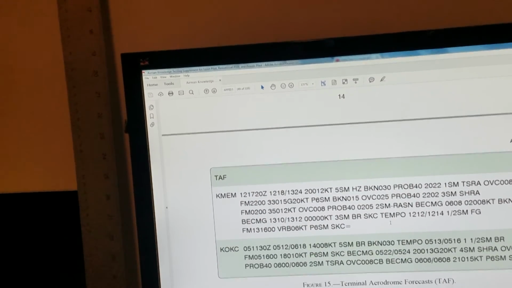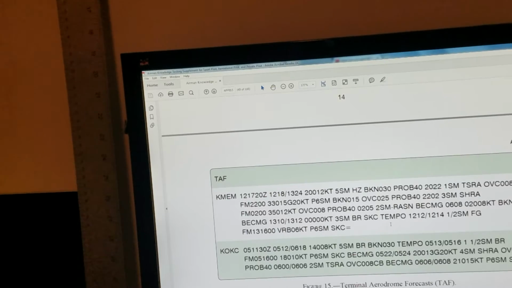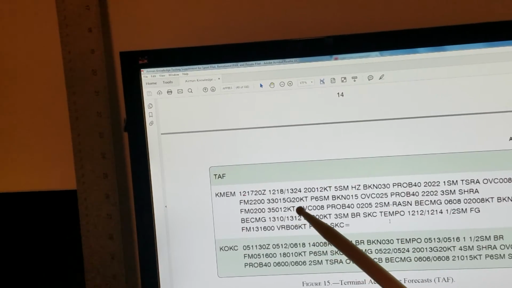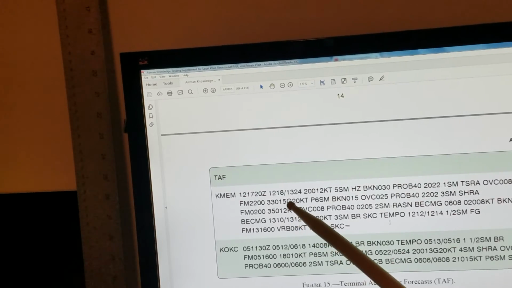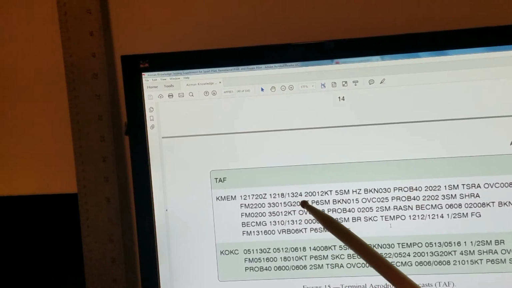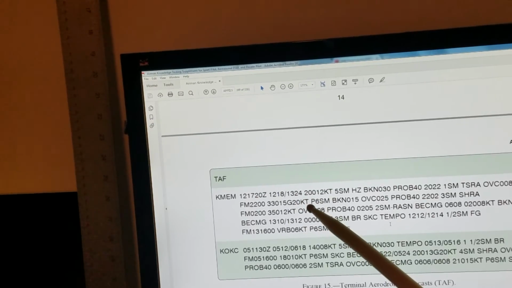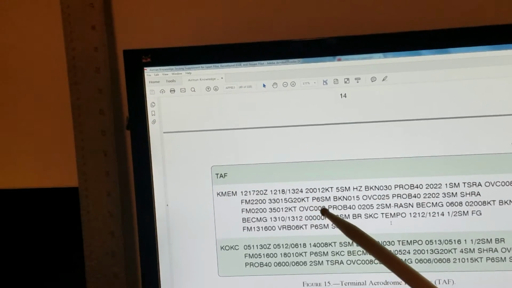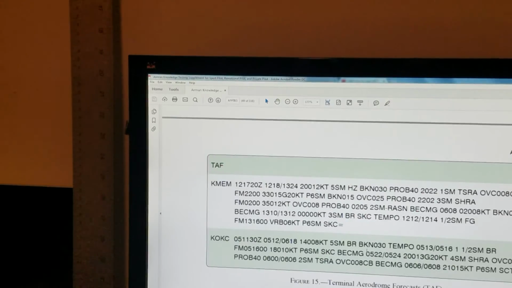17:20 Zulu time, and then you have the wind varying speeds, 12:18 to 13:24, and just bear with me.